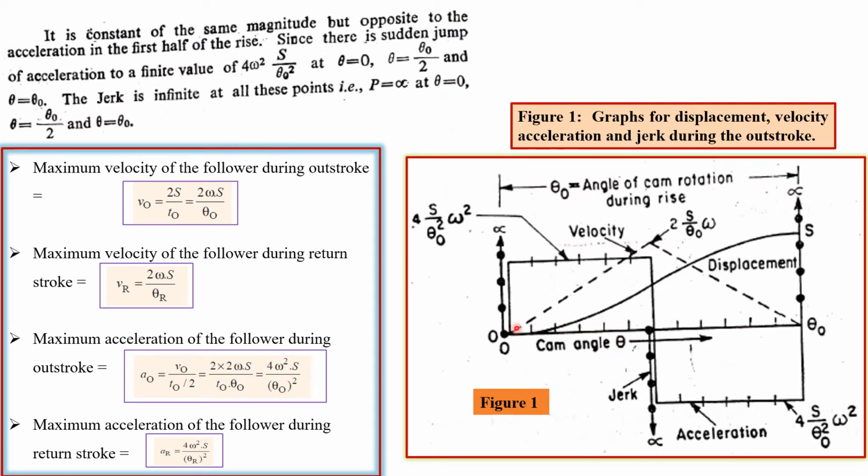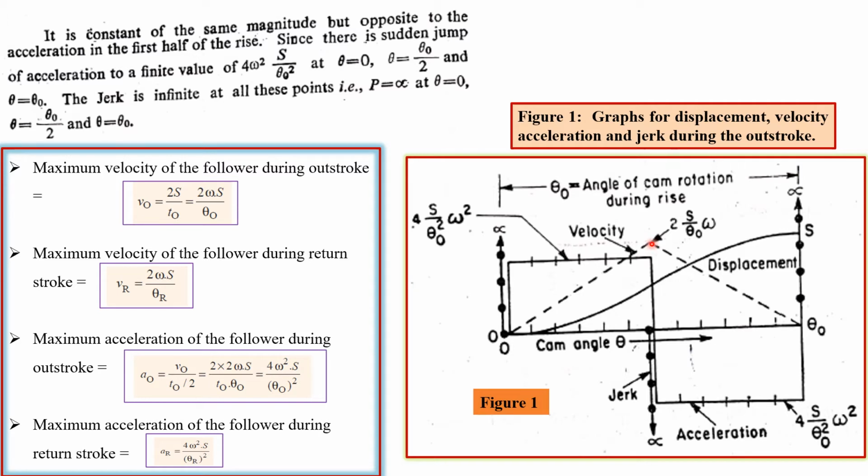So this velocity contour is going to be a straight line, having a positive slope. It reflects that the follower is getting accelerated up to half of its rise, which means that when the cam turns through an angle of theta 0 by 2, up to half of its stroke, the follower moves with uniform acceleration.